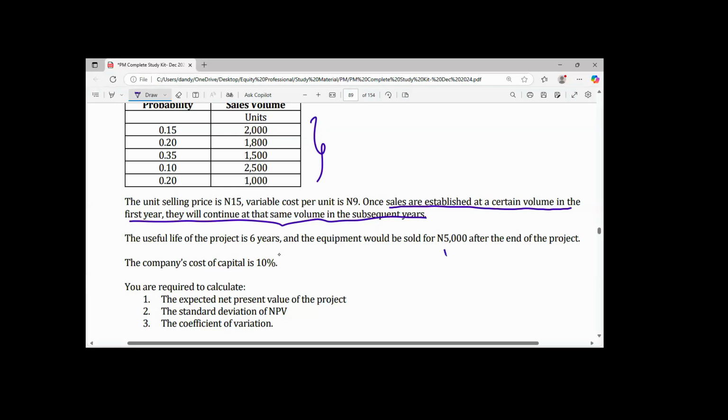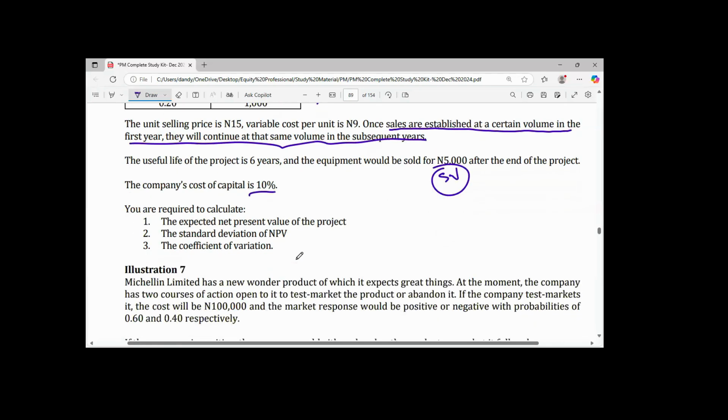This represents the scrap value. The company cost of capital is 10%. You are required to calculate the expected net present value of the project, the standard deviation of the NPV, and then the coefficient of variation.